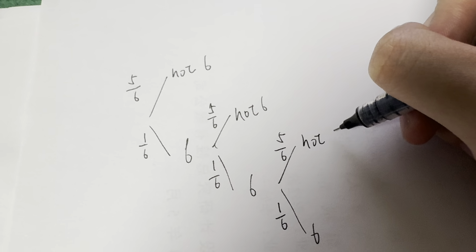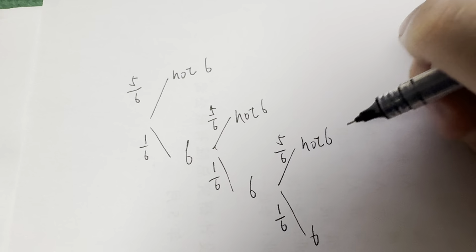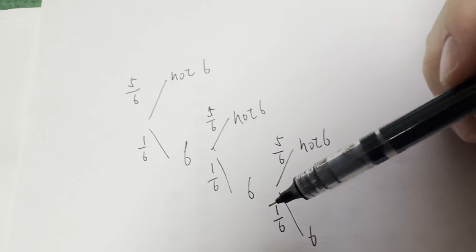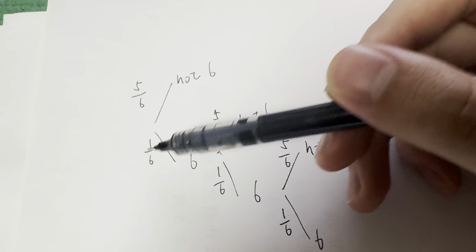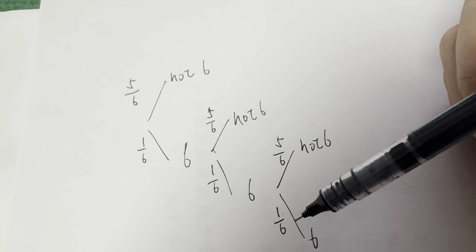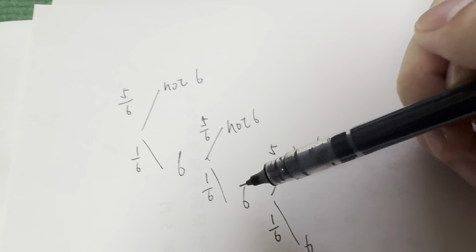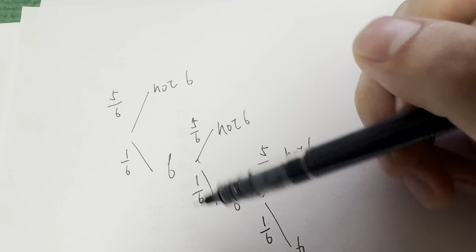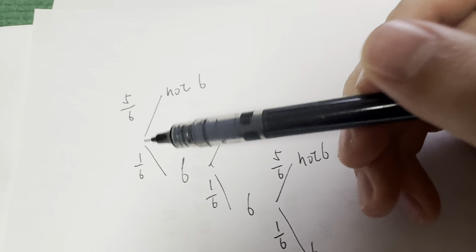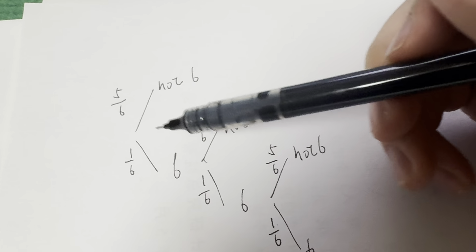So how can we calculate the probability that we get 6 three times? It will be 1/6 times 1/6 times 1/6, because the condition for rolling the second die is that the first time we got 6.